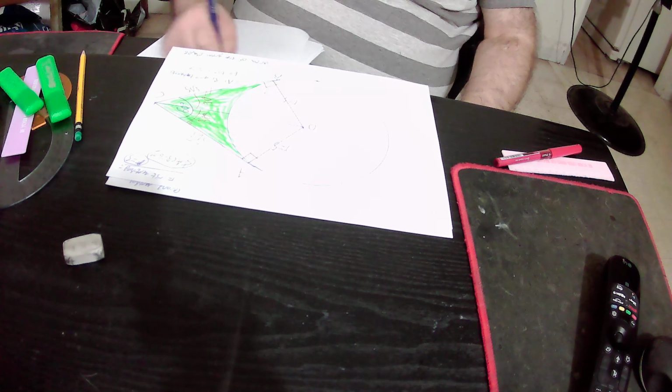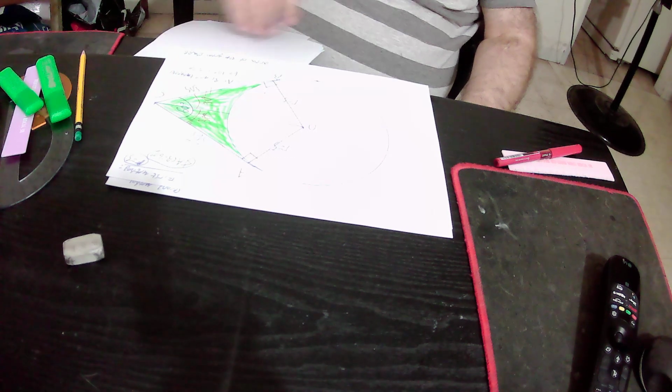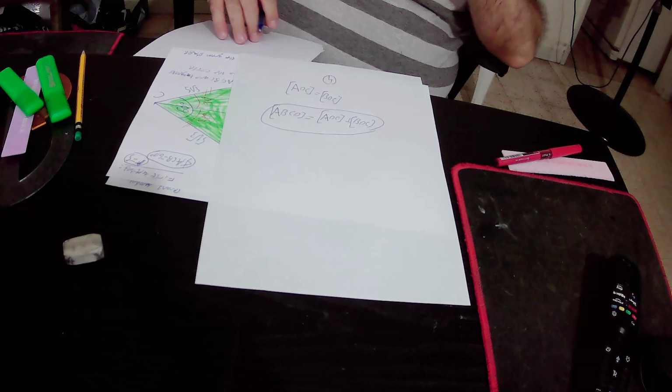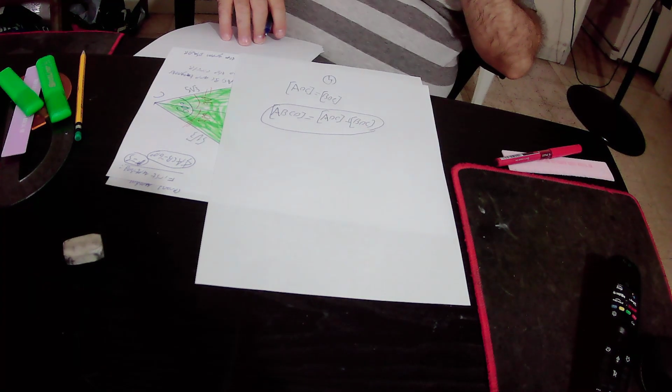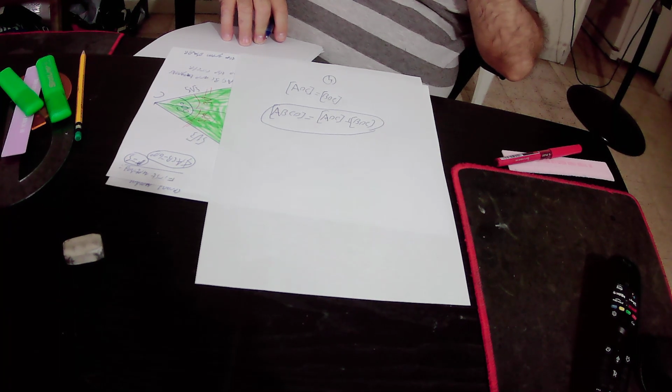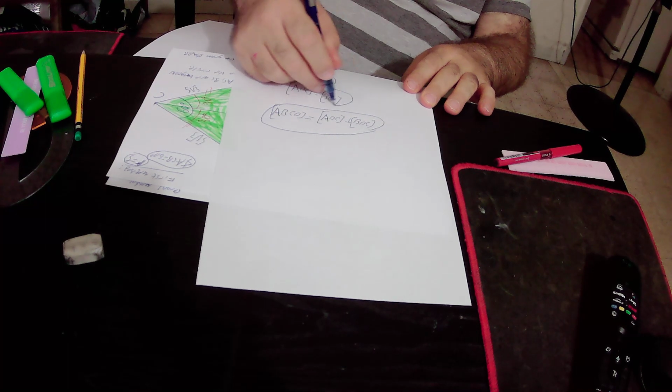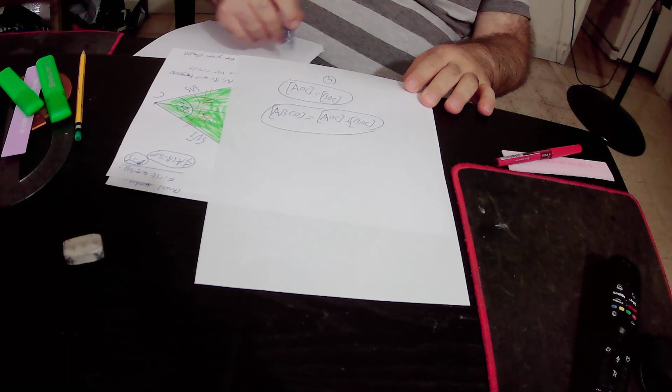Again, the area of quadrilateral ABCO equals the area of triangle AOC plus the area of triangle BOC. But we know that the area of triangle AOC equals the area of triangle BOC.